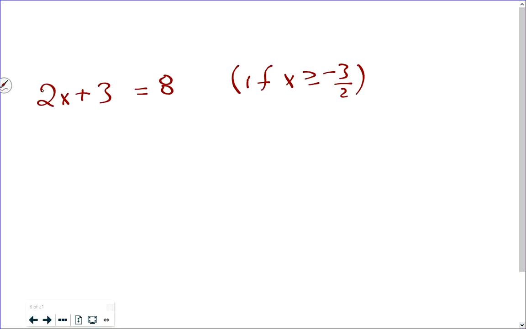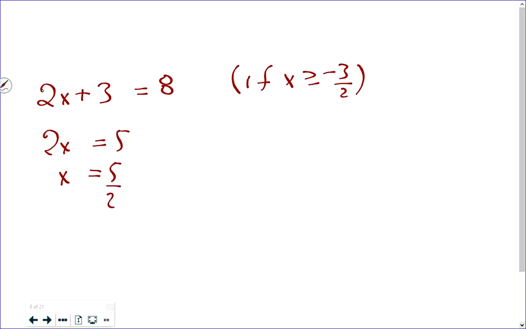We subtract 3 from both sides and we get 2x equals 5. Boy, after making a big deal about how easy it is, I better not make a mistake, eh? And I divide both sides by 2 and I get 5 over 2. Yes? Okay.